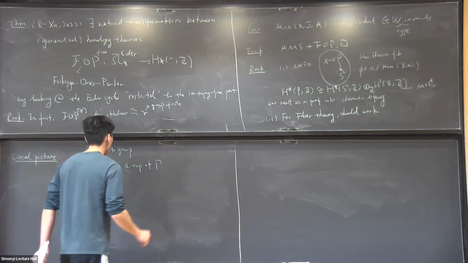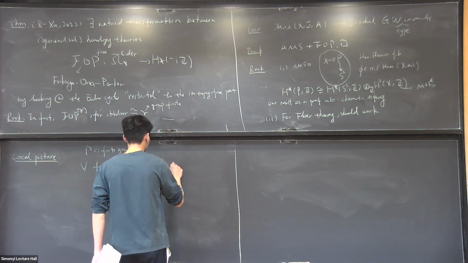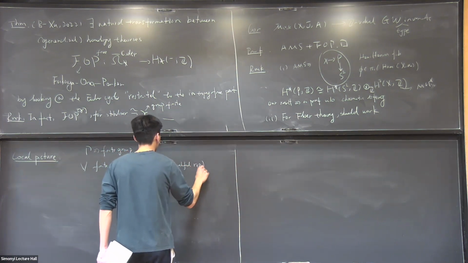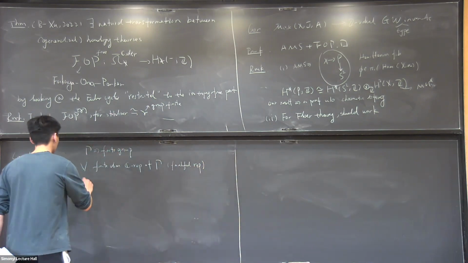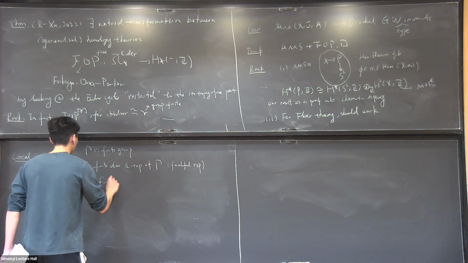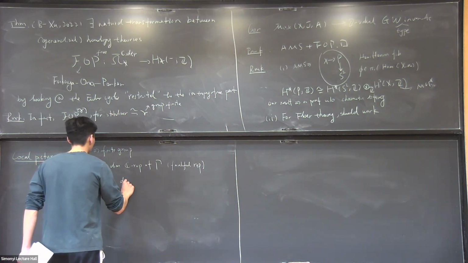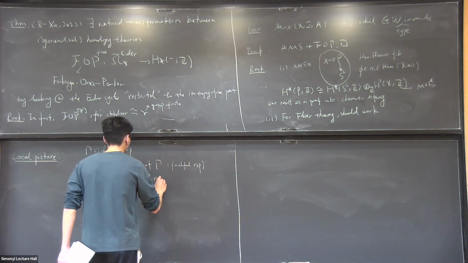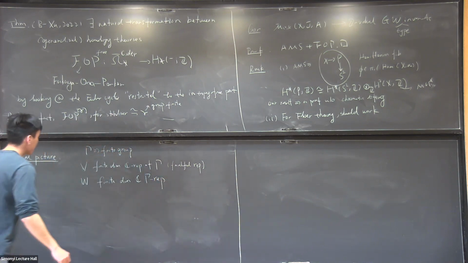I also assume that this representation is non-trivial, so it's a faithful representation. And let's also choose W to be a finite dimensional complex representation.